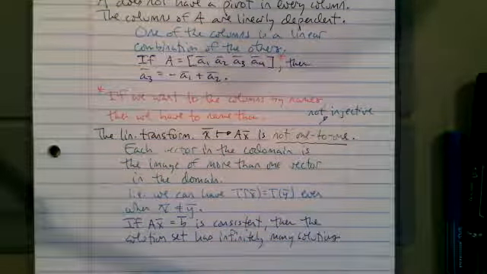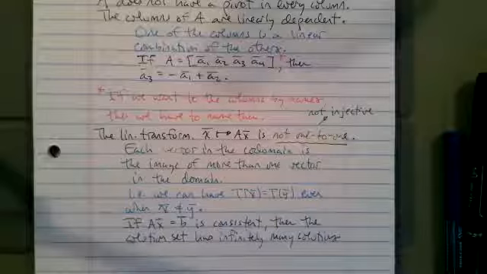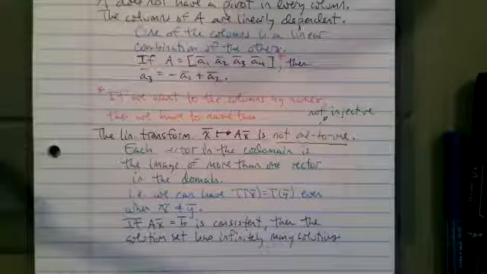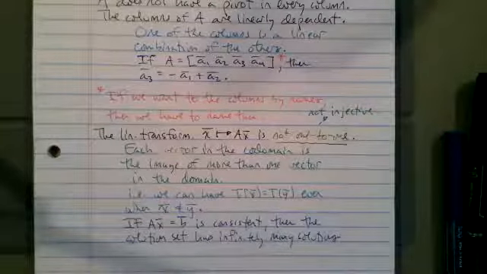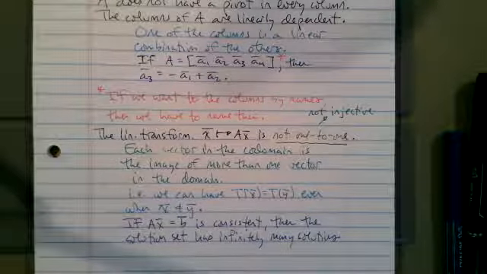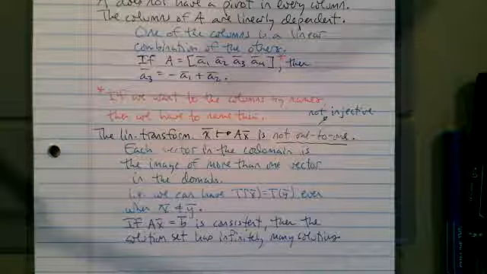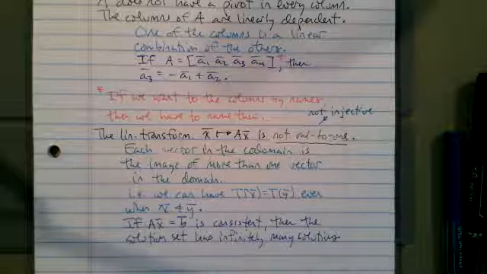So if Ax = b is consistent, then the solution set has infinitely many solutions, because the columns of A are not linearly independent, because the transformation is not one-to-one, because A does not have a pivot in every column.